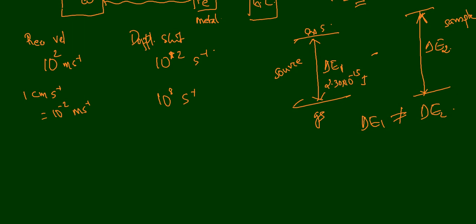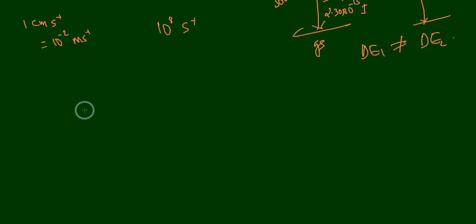Okay, so if the source nucleus is at rest, then you should expect a band around 10 raised to 18 hertz, and this bandwidth is 10 raised to 6 hertz.